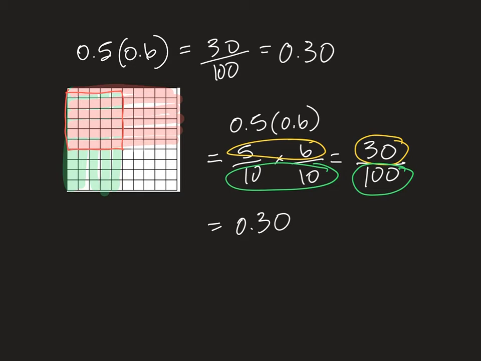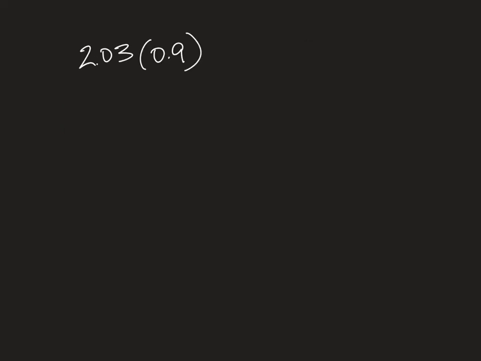All right, so let's take a look at this next problem, which is a little bit more complicated. 2 3/100ths times 9/10. Again, normally what we would do, and we'll see what that looks like, is the standard algorithm: multiply as if there were no decimals, ignoring the 0 out in front, and then count up the number of decimal places and then move, right?